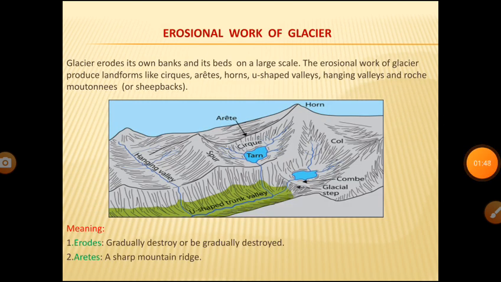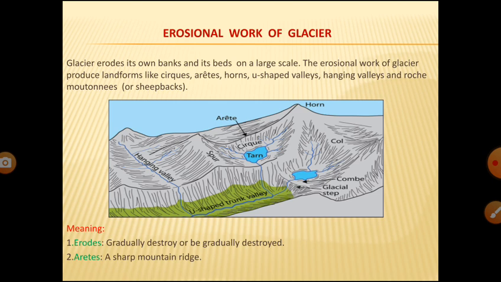The next topic is the erosional work of glacier. Glacier erodes its own banks and its bed on a large scale. The erosional work of glacier produces landforms like cirque, arete, horns, U-shaped valleys, hanging valleys, and rocky mountains.